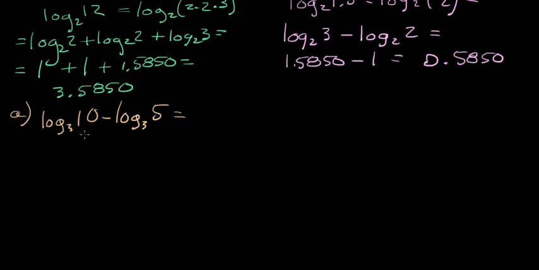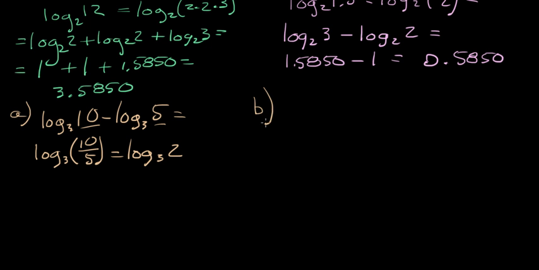What does that equal? Well, remember, if I subtract, that means I'm dividing these numbers. So that equals log base 3 of 10 divided by 5. And that, of course, is log base 3 of 2. Okay, so what I did here is I didn't find the log of 2. I just simplified this very large expression. I'm going to do this again.